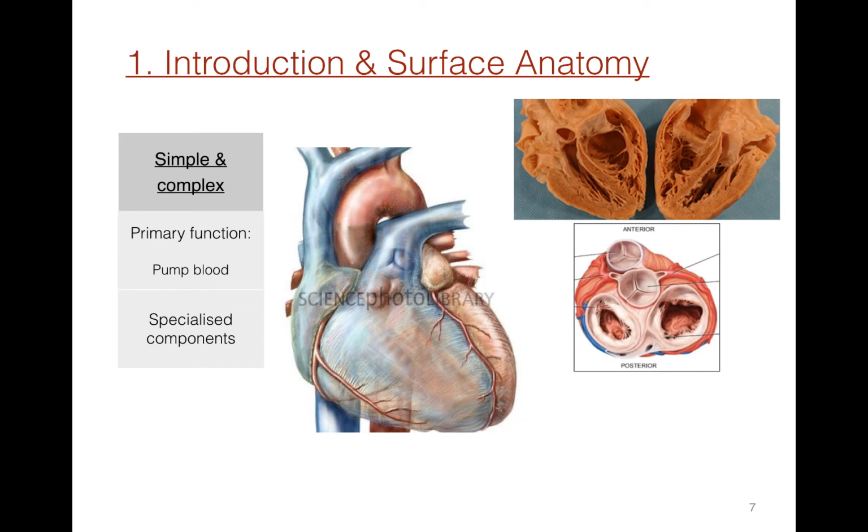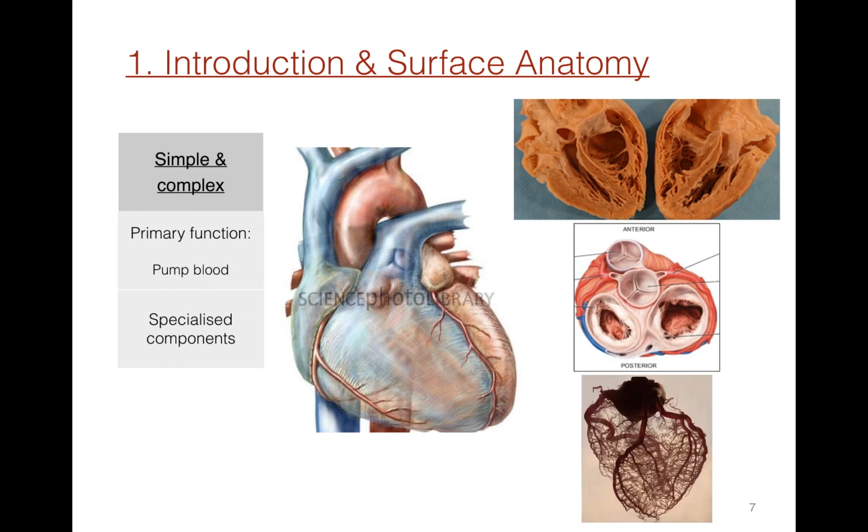Their function is to help ensure forward movement of the blood at all times. And when one looks at the valves, one notices that their anatomy is very detailed as well. Of course, the heart needs blood flow itself, and so there are coronary arteries and veins that supply and drain the heart.